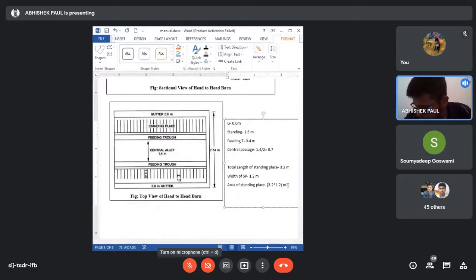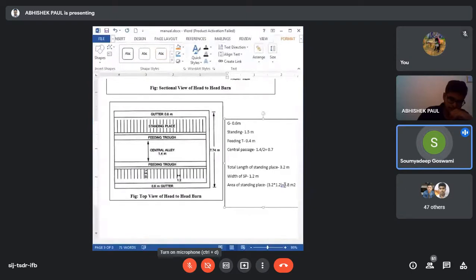Okay. So now you convert it into feet square. 3.84 meter square to feet square. You see how much it is coming.